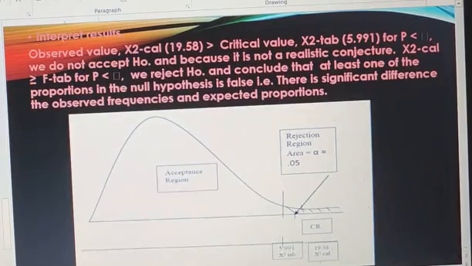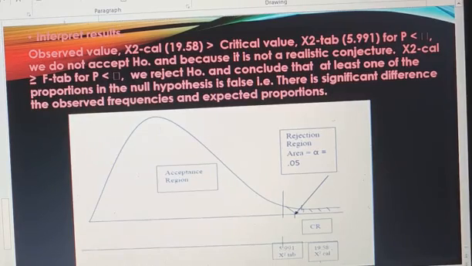Observed value, chi2 cal, 19.58, critical value, chi2 tab, 5.991, for p, we do not accept H0, because it is not a realistic conjecture. Chi2 cal greater than or equal to chi2 tab for p, we reject H0 and conclude that at least one of the proportions in the null hypothesis is false, i.e., there is a significant difference between the observed frequencies and expected proportions.